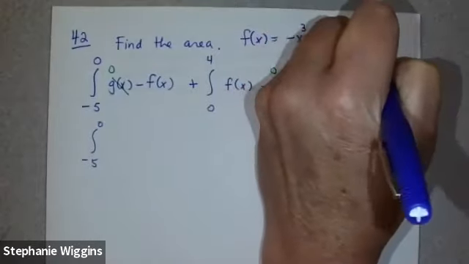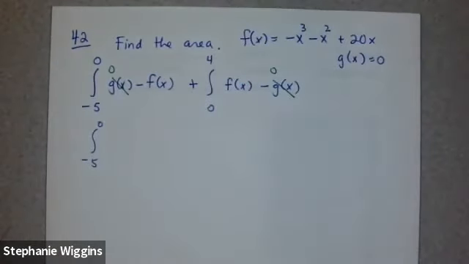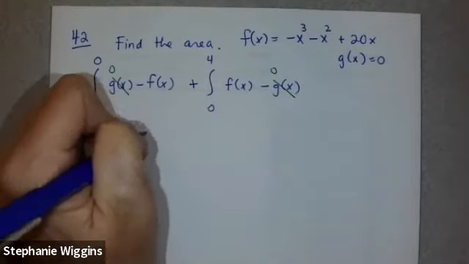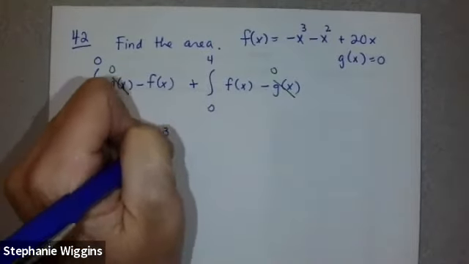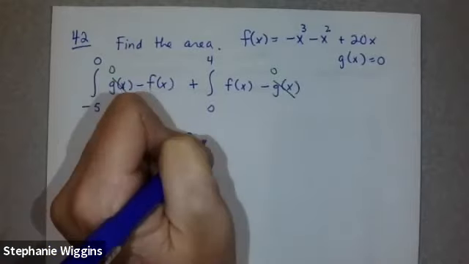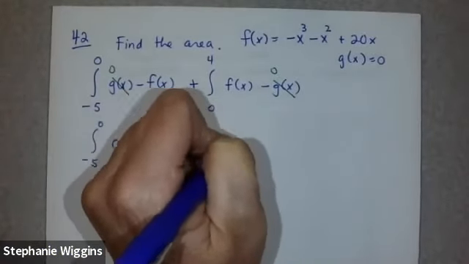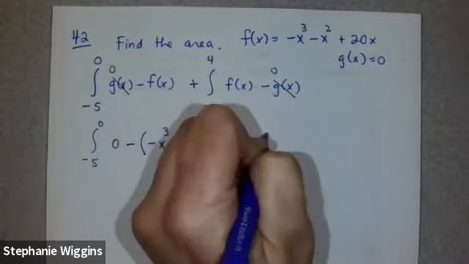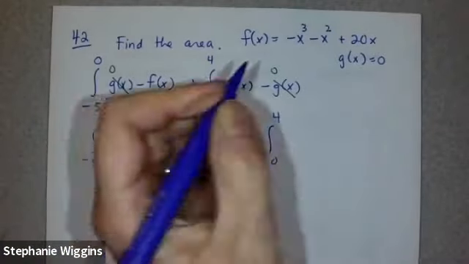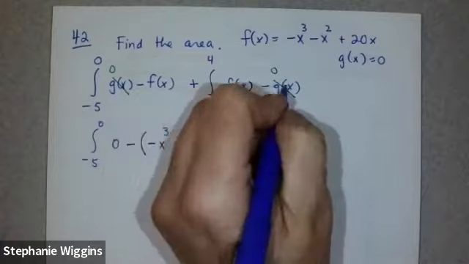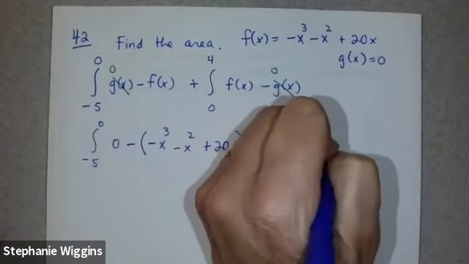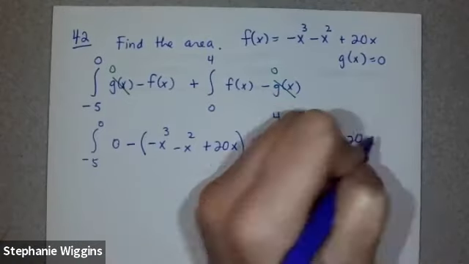G of x is equal to 0. So we have 0 minus negative x cubed minus x squared plus 20x. And then we're adding to that the integral from 0 to 4 of just plain old f of x minus 0, which is just f of x. So minus x cubed minus x squared plus 20x.